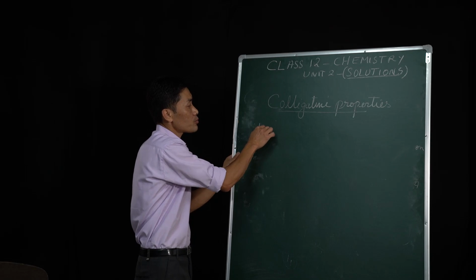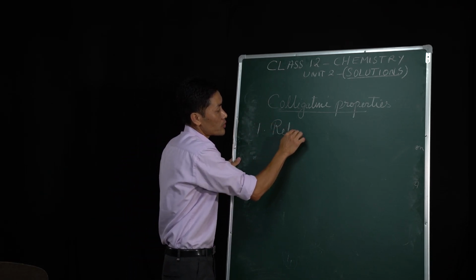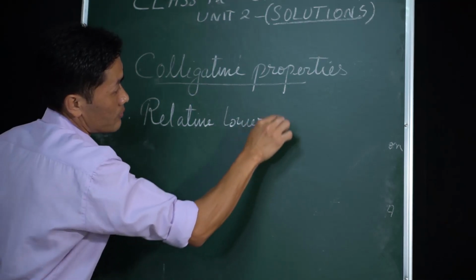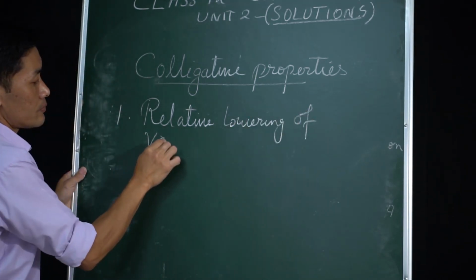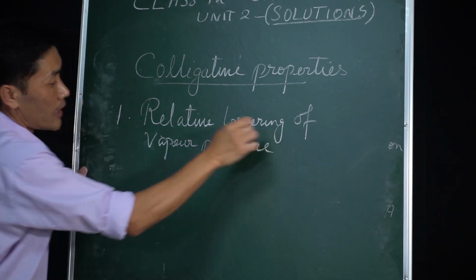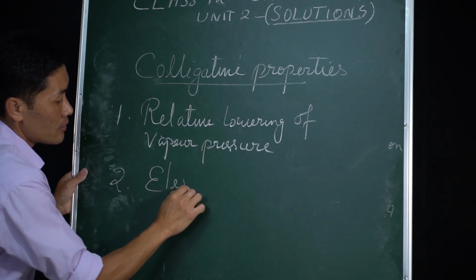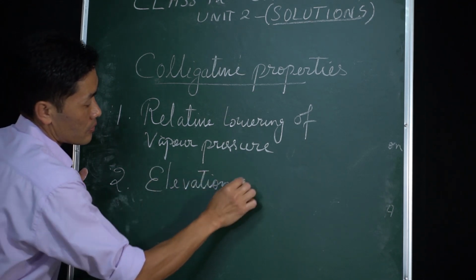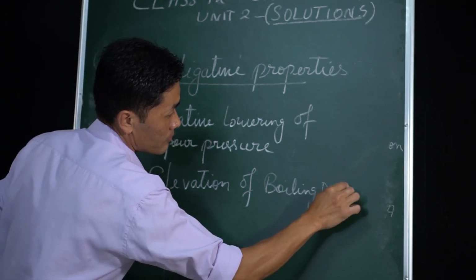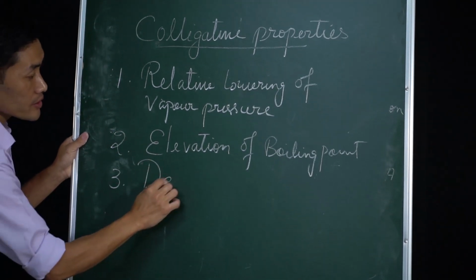The first colligative property is relative lowering of vapor pressure. Then the next one, we have elevation of boiling point. Then the third colligative property is depression of freezing point.